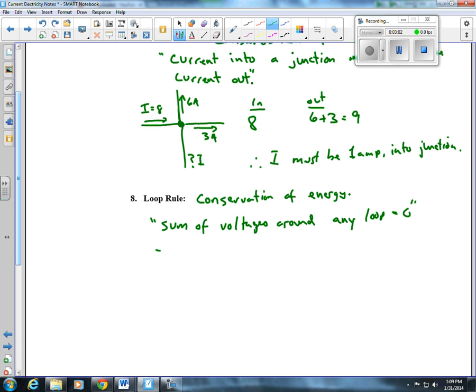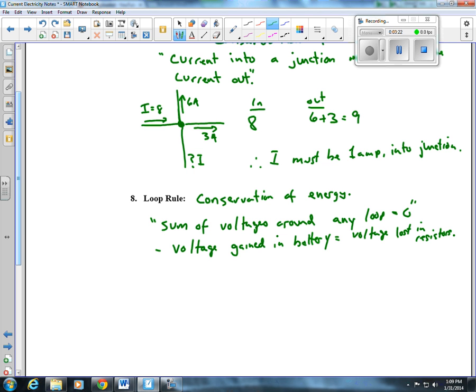Another way you can say it is voltage gained in the battery will equal the voltage lost in the resistors.